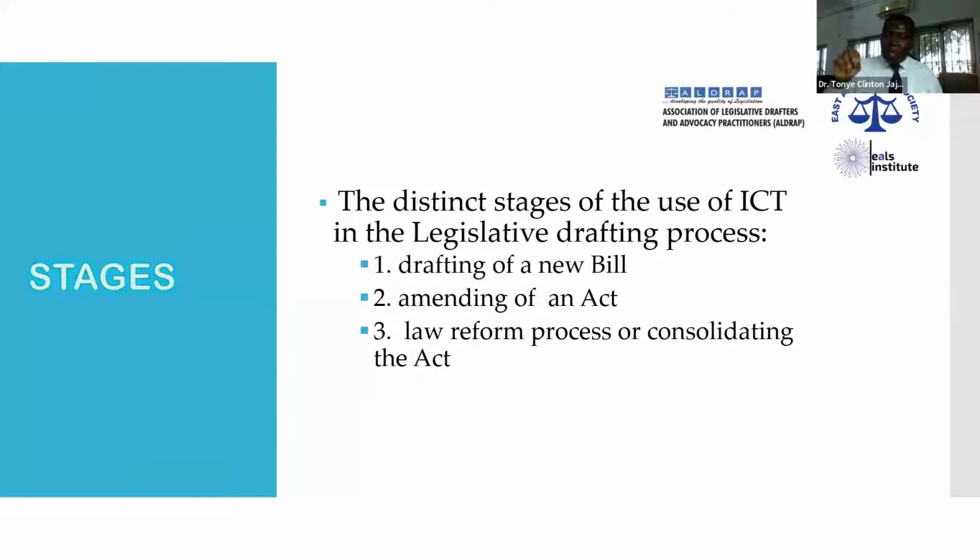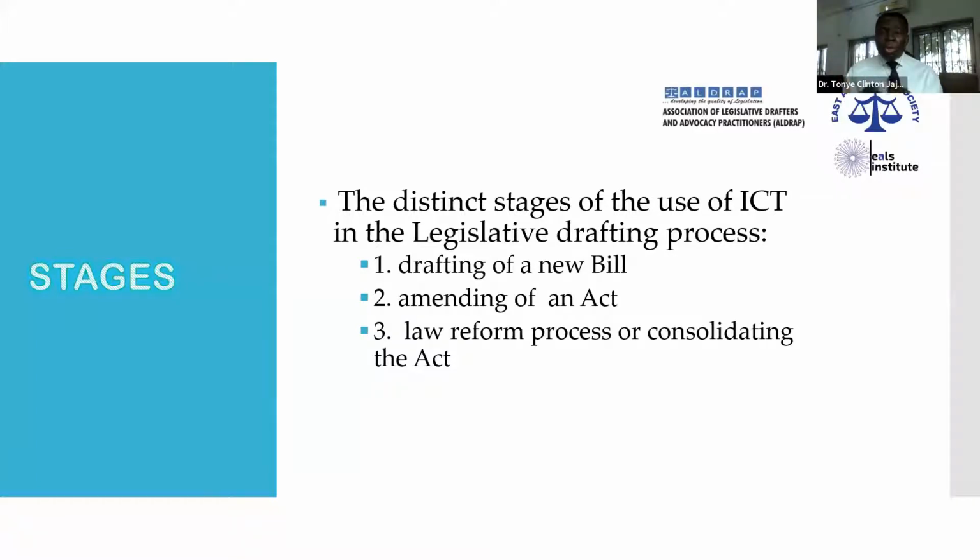Now, when it comes to amendment of a bill, in Nigeria, we have 552 laws in the Laws of the Federation 2004. So anytime we want to amend any of these existing laws, the software I introduced you to has an index of all the 552 laws in Nigeria.